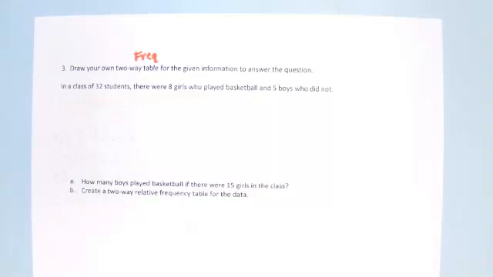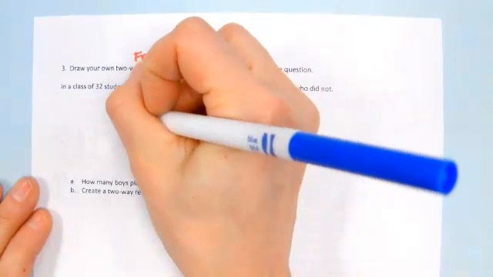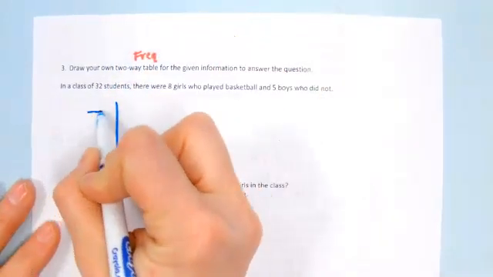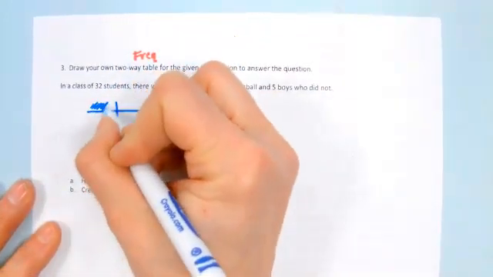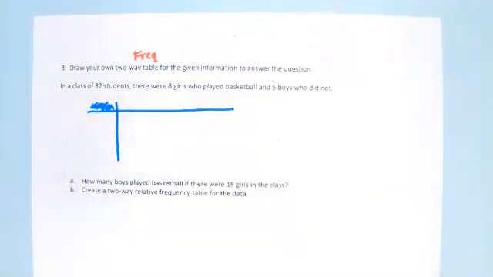Okay, to start off a frequency table with nothing, you want to start with this off-centered T-shape. And then we want to fill in this first part so we know not to put anything in it. And then we got to think of the categories. So in this case, what's one set of categories if we talk about this?